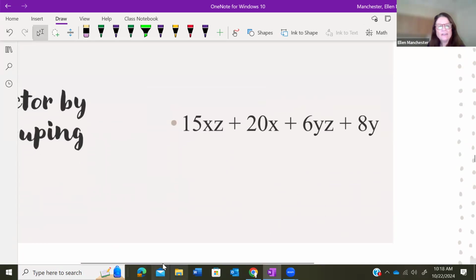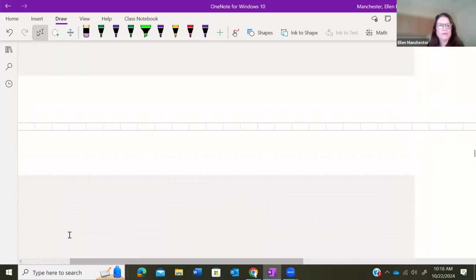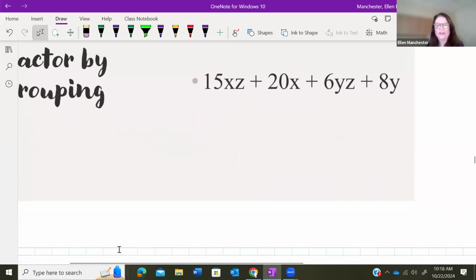All right, and it actually says it. If I had had it over here, factor by grouping, and this one was factor the GCF. So sorry. Okay, we're going to start over. All right, here we go. I'll go back and finish that one so you can see how you would know whether it's factoring by grouping or not. All right, here we go.